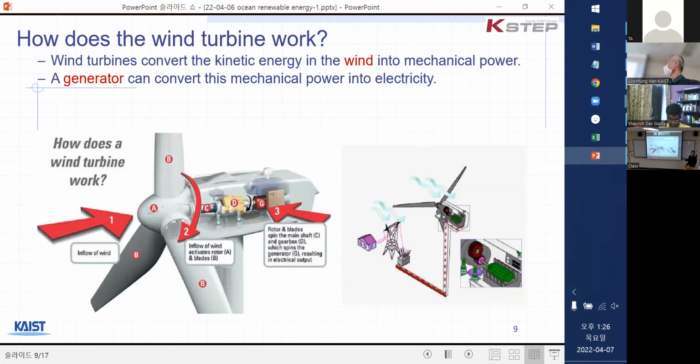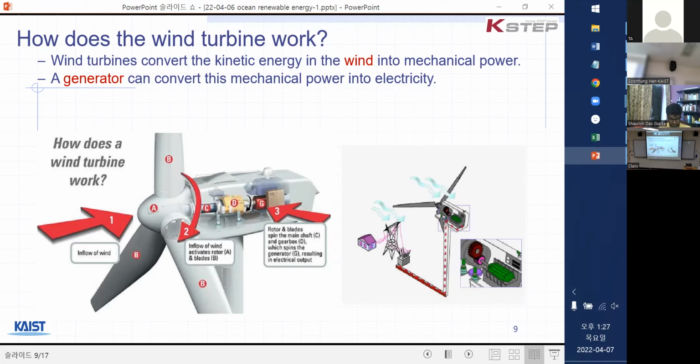How does the wind turbine work? They convert kinetic energy in the wind into the mechanical power of rotation. So the inflow of wind rotates this blade, activating the rotor and blade.